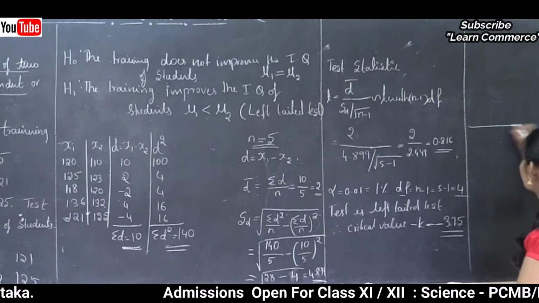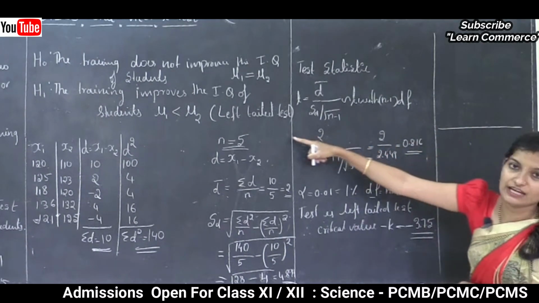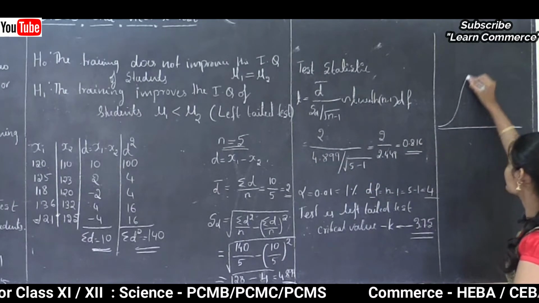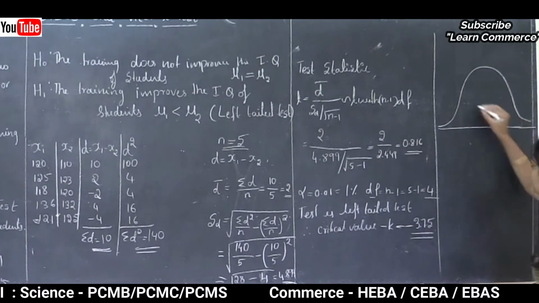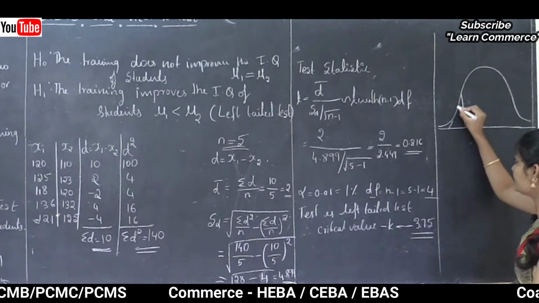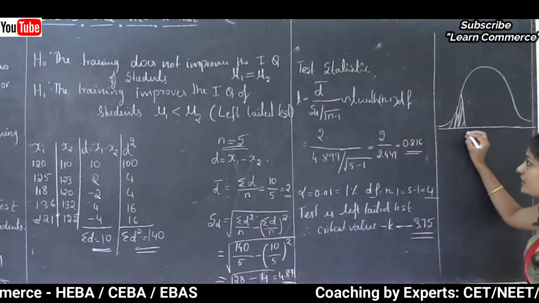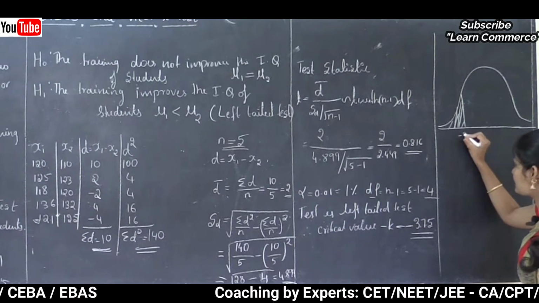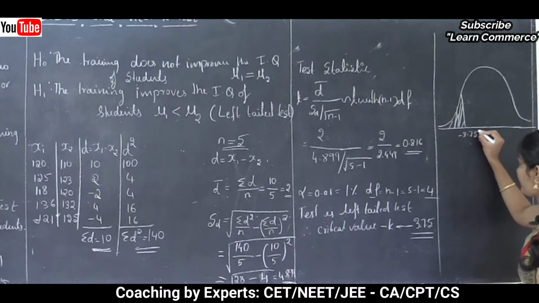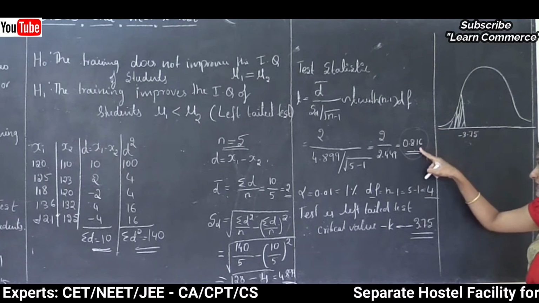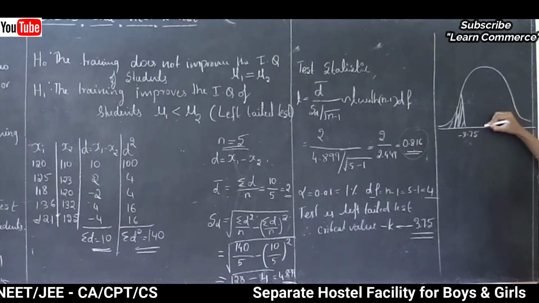And since this is a left tail test, the rejection region is located at the left tail of the probability curve. So this is the rejection region and this is the acceptance region. The critical value is minus 3.75, and the calculated value is 0.816, so that value comes here.